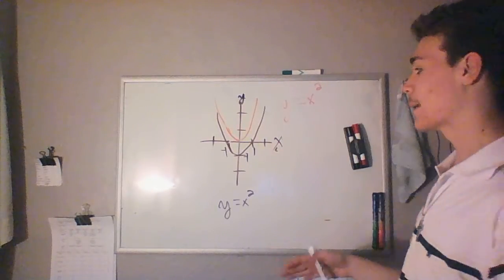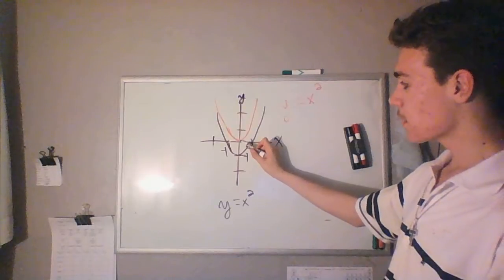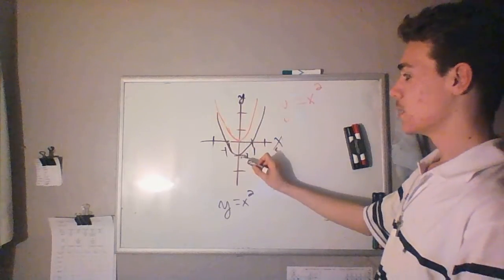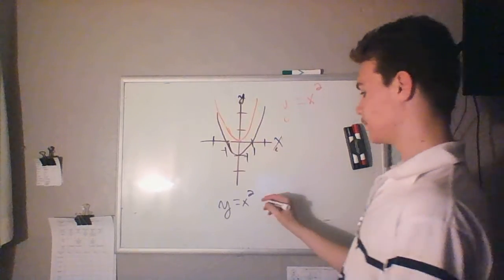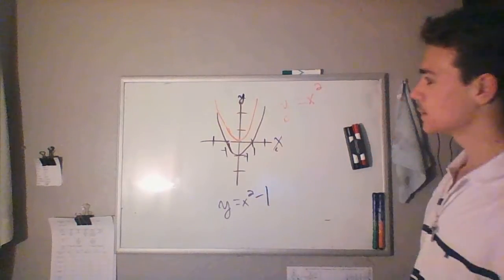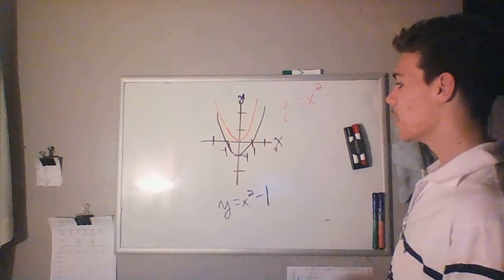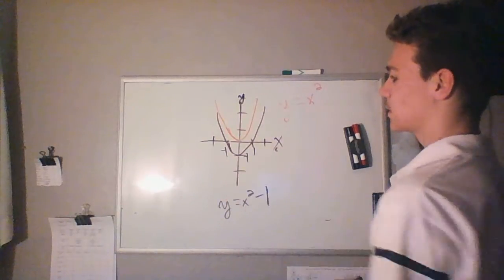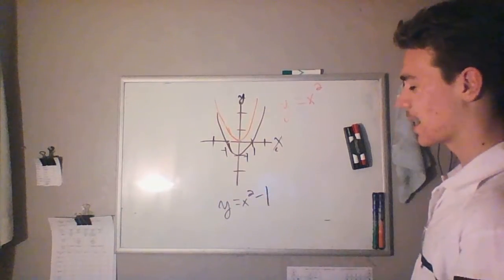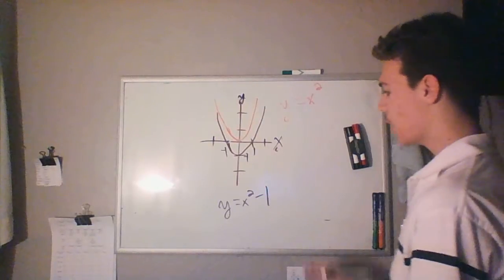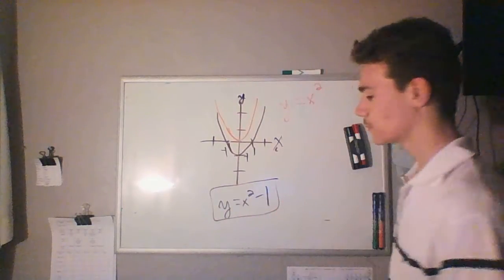Is it going down 1? What's happening? And in this one, it goes from 0 on the y to -1. So -1. Since this is the y-axis, you don't need to change the value because you're not going to be adding it to that. So it's not going to be x plus 1, it's going to be x squared minus 1. So this would be your equation to that graph.